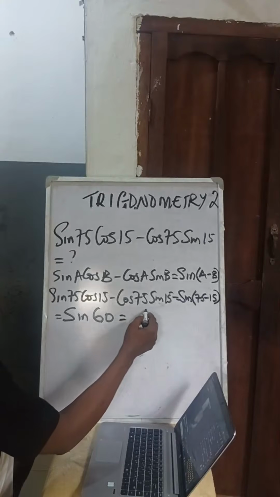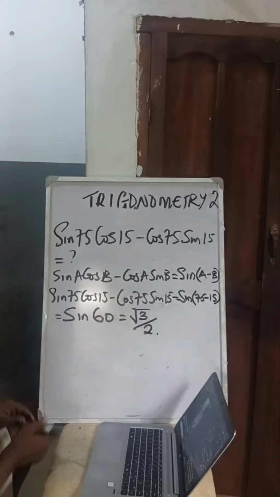And sine 60 is the same thing as square root of 3 all over 2. It's trigo identity, not cosine rule.